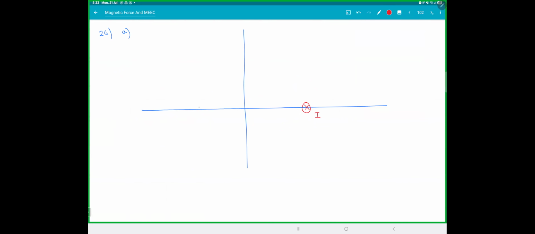This is I. This is also I. At D comma 0 and minus D comma 0. So we have an observer who's moving on the x-axis. Plot the magnetic field on the x-axis versus x coordinate.